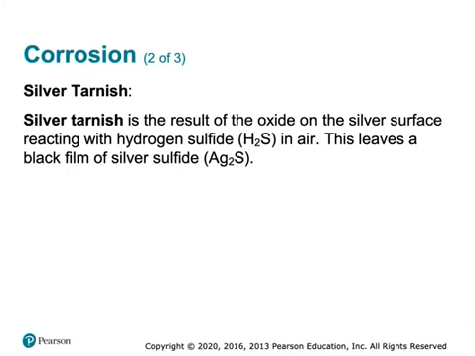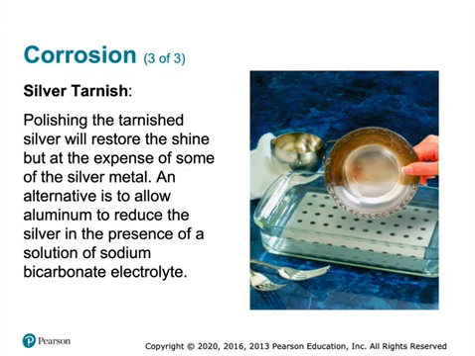And what about silver? Silver tarnish is actually silver sulfide. So the sulfur in the air leaves a film of silver sulfide, and it's a black color. And if you see here the tarnish, you can get rid of it. Of course, what you're doing is you're losing silver, and silver is expensive. So one of the ways you can get this is to use reduction, with the bicarbonate and aluminum.